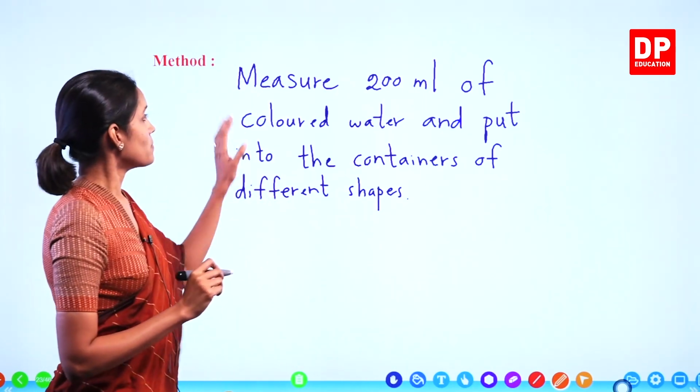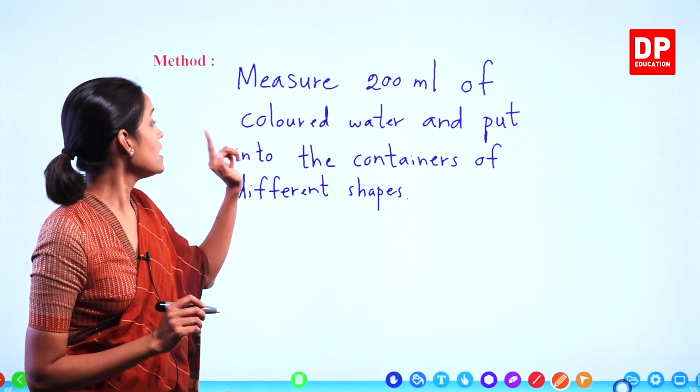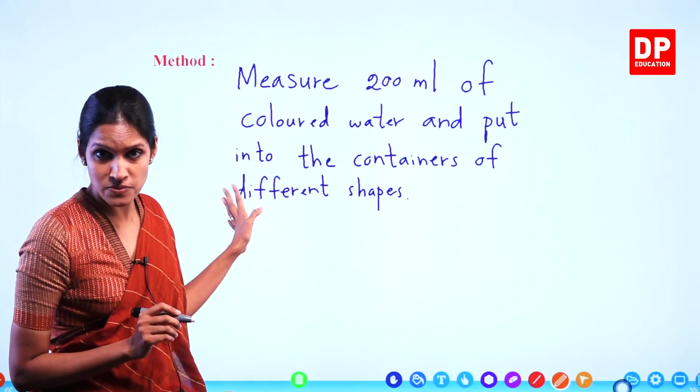Right. Measure 200 milliliters of colored water and put into the containers of different shapes.